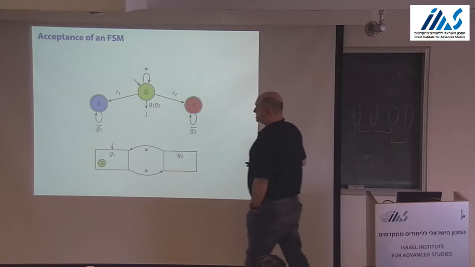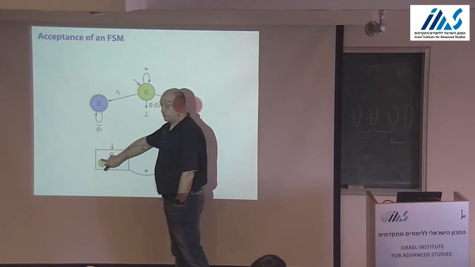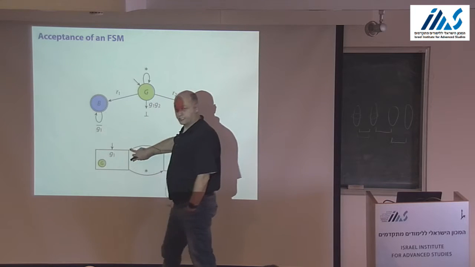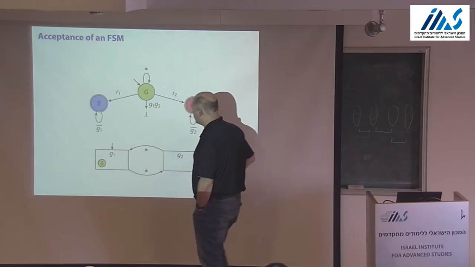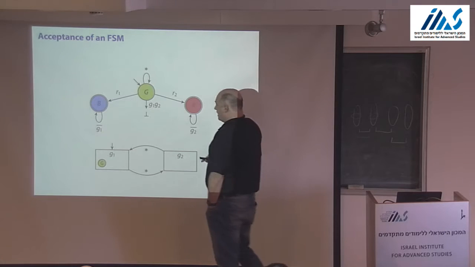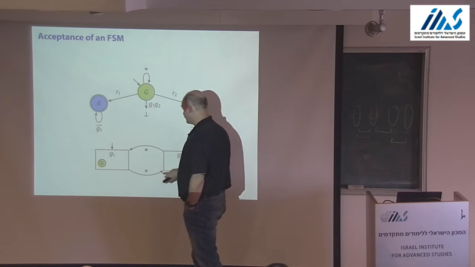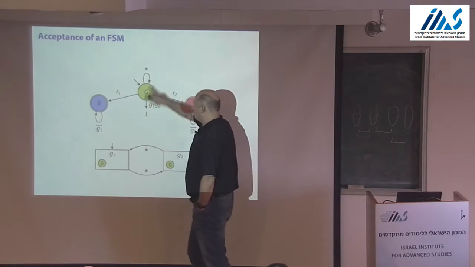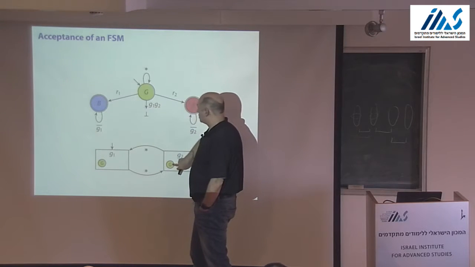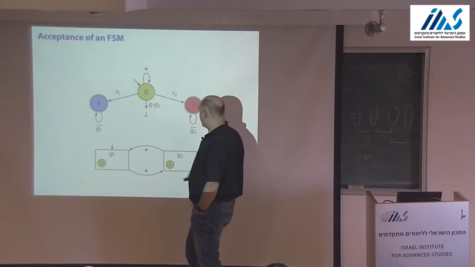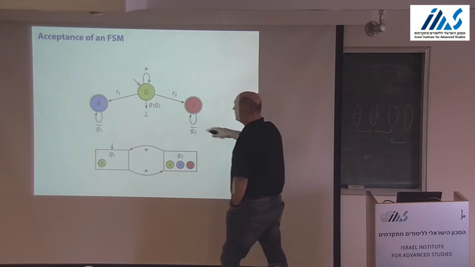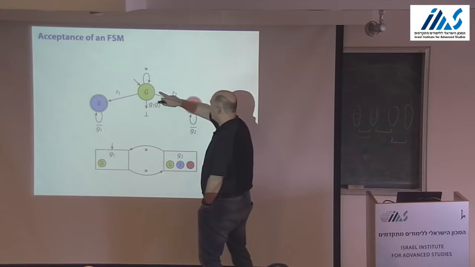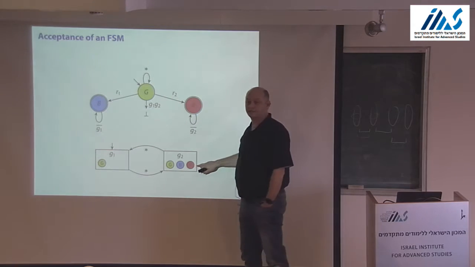So we start in the green state of the universal automaton, and we look at the initial state of the implementation, and then we follow the transitions. So, for example, no matter what happens, we'll go back to the green state, right? Now, if there's an R1, we'll also go to the blue state. If there's an R2, we'll also go to the red state.